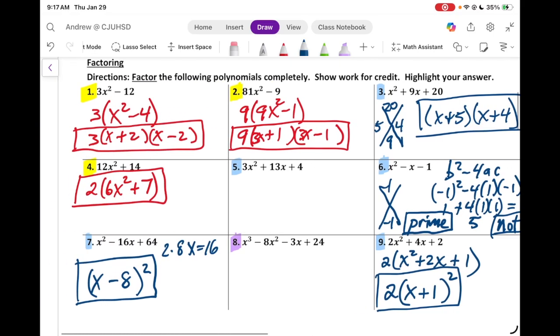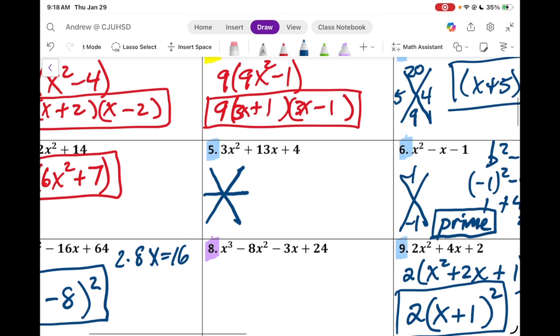Okay, now we've come down to number 5. It's not a perfect square. It's not a difference of squares. It doesn't start with 1x squared. How do we factor it? Well, we can use the familiar x with a little modification. Make a crossbar. Now, put the leading coefficient of 3 in the corners, upper left-hand, upper right-hand corners.